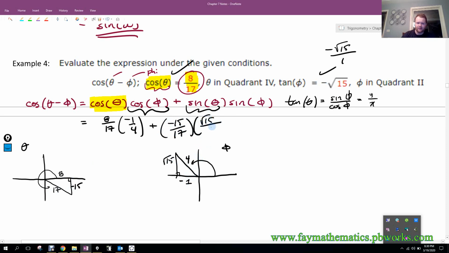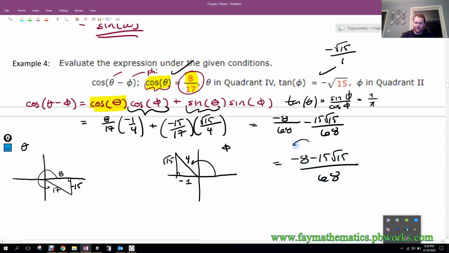So root 15 over 4. Okay. Now we're going to multiply this together, so we get negative 8. So this is going to give me 68 on the bottom. Minus then 15 root 15 over 68. If you want to go ahead and combine this to negative 8 minus 15 root 15 over 68, that's fine. But that then ends up being the cosine of phi minus, or theta minus phi.